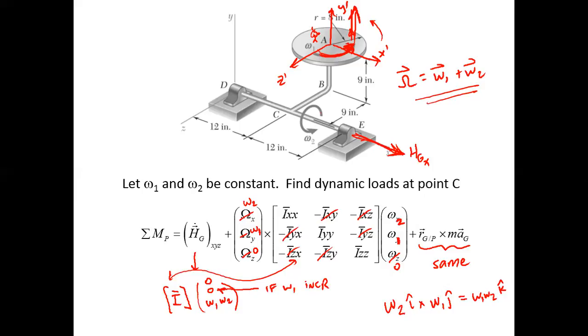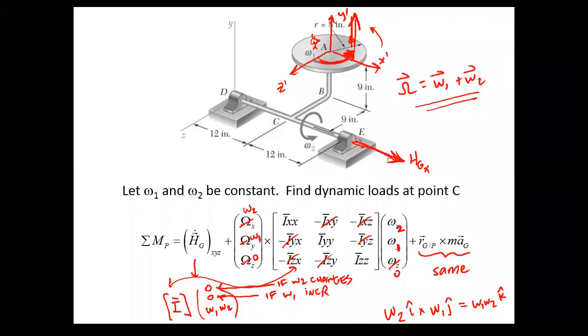The same type of thing for omega 2, right? So I could put something in right here that would be there if omega 2 changes, is not constant. Okay, so does that answer your question, Val?